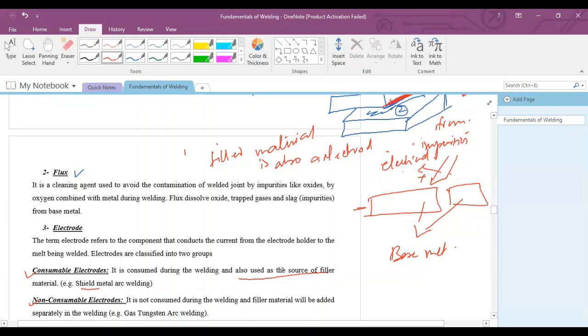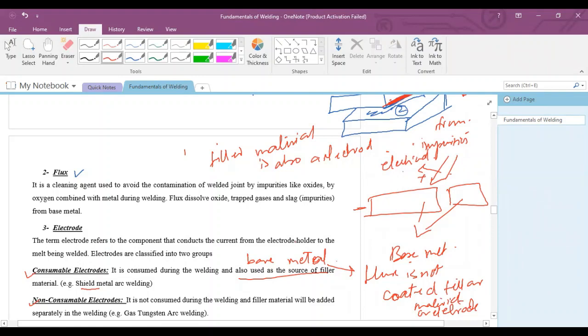Sometimes if you read manufacturing books, you will come across the word bare electrode. Bare electrode means there is no flux coated on the filler material or electrode, right?